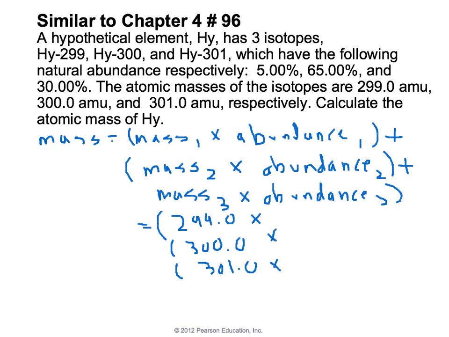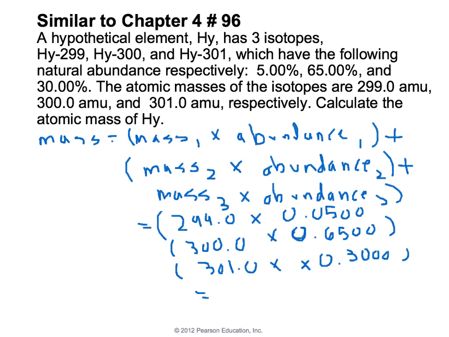So let me go ahead and put those in, and we'll see what we come up with. So the first isotope is 5%, in other words 0.05. Second one is 65%, so again 0.65. And then the last one here would be 30%, which of course is 0.300, moving that decimal over twice.